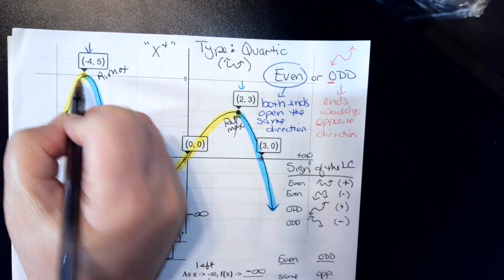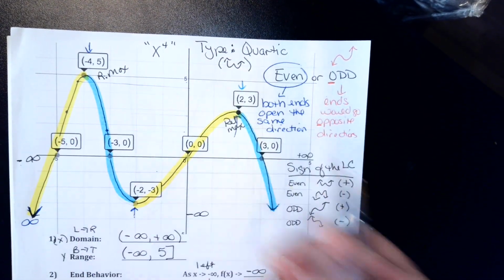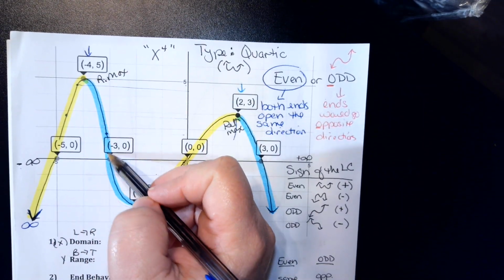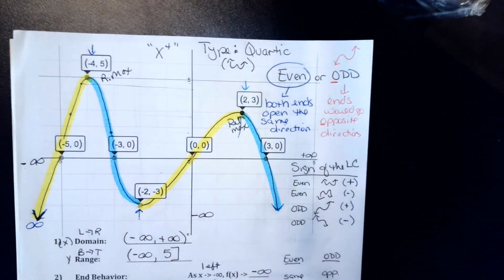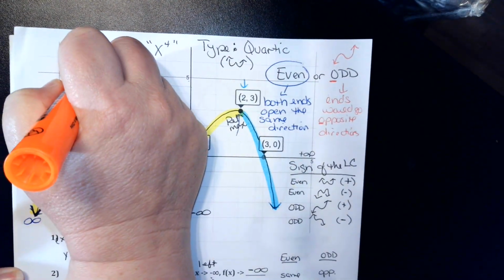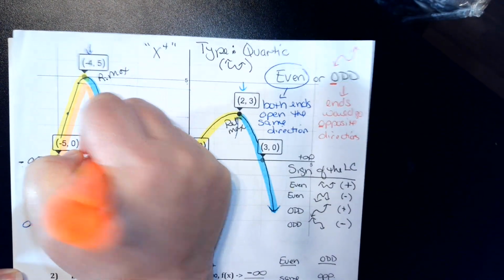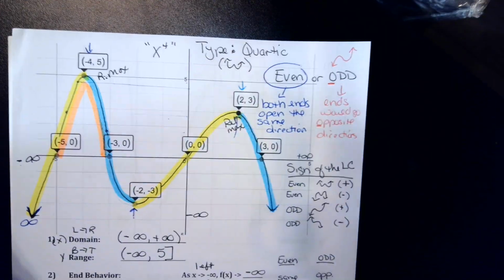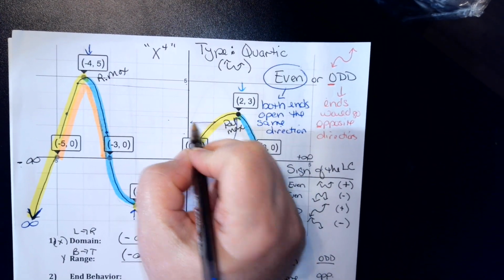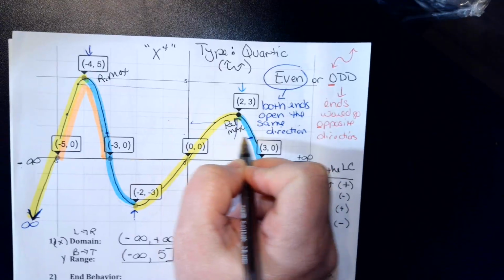If I choose this point right here, do I have a positive y value? Yes. So all my values above the x-axis are positive. So here, f of x is greater than 0. And then also right here, any point I choose would have a positive y value.